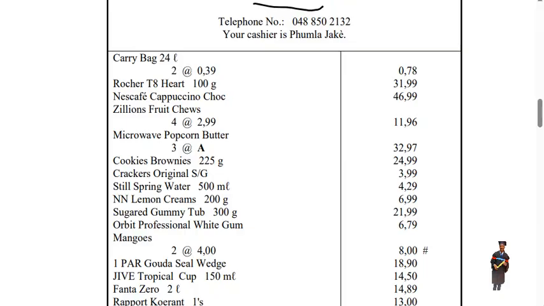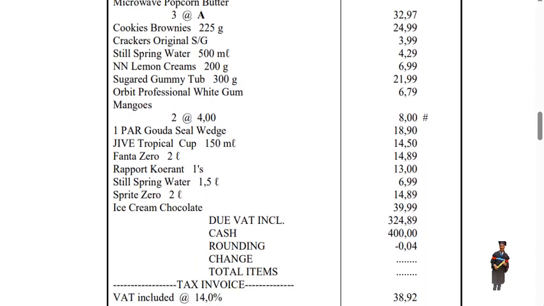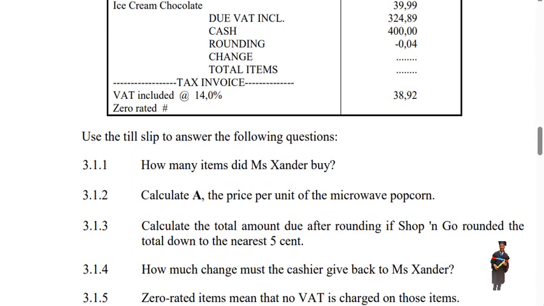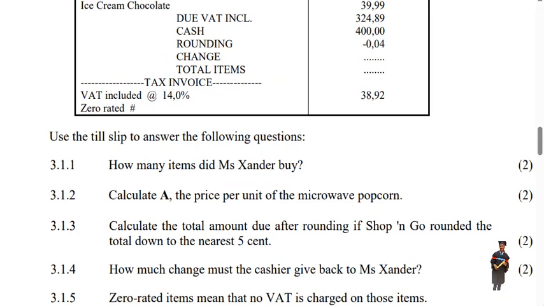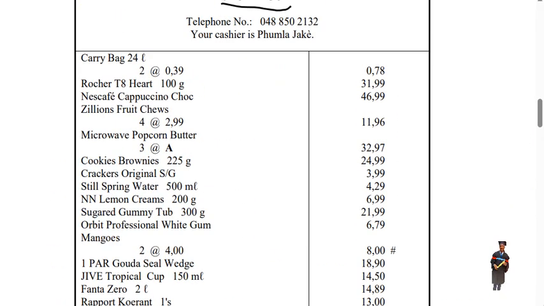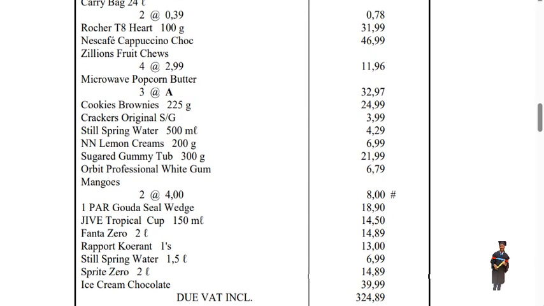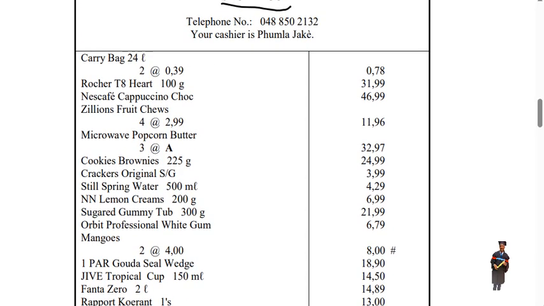I know for a fact that this till slip tricked a lot of learners, especially the first question where they wanted them to calculate the number of items. Now I'm going to show you how to calculate the number of items on a till slip.